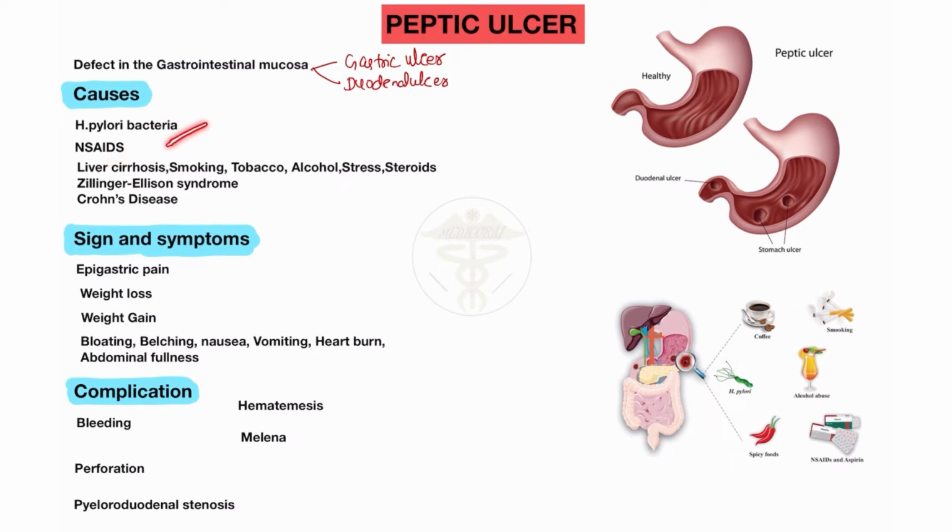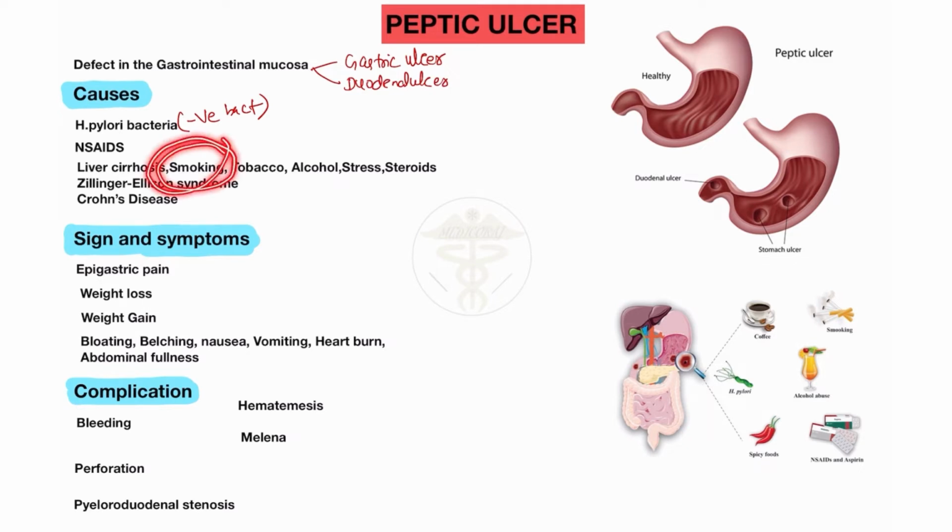And Helicobacter pylori, you all know, you studied in microbiology. It is a gram negative bacteria which causes the peptic ulcer. Peptic ulcer is also caused by liver cirrhosis.